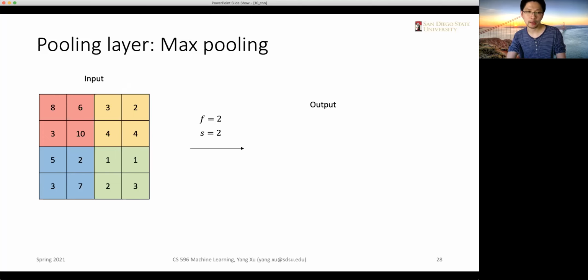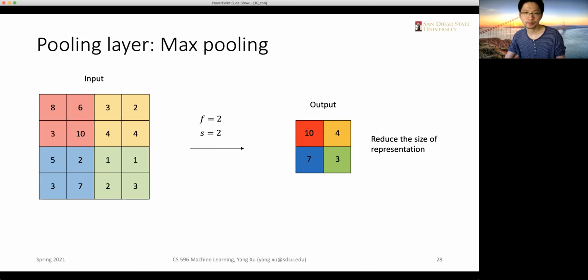So what we're going to output in the max pooling would be a 2x2 matrix. What would be the elements in this 2x2 matrix? The first one would be 10, the second one would be 4, the third one would be 7, and the last one would be 3.